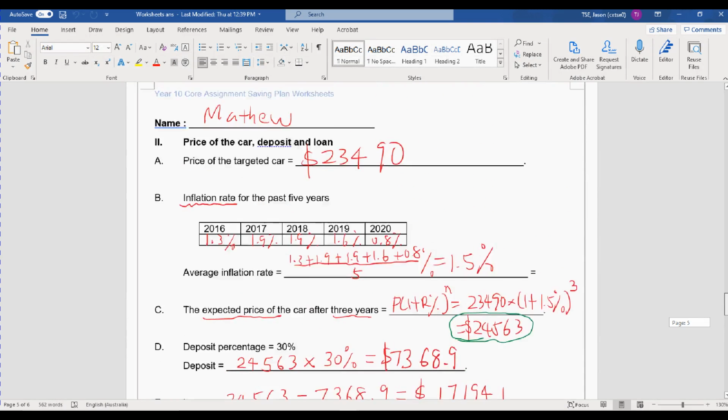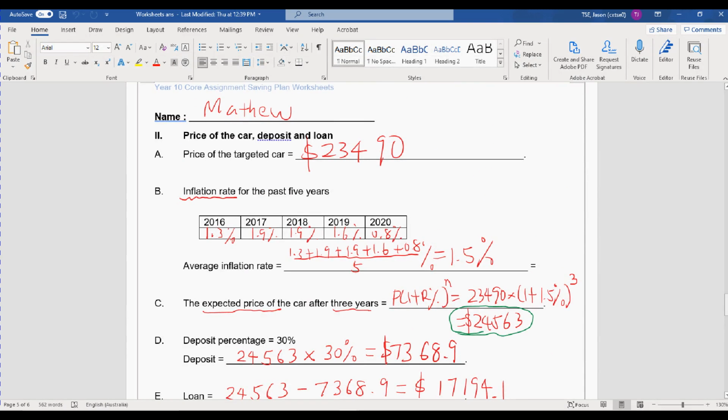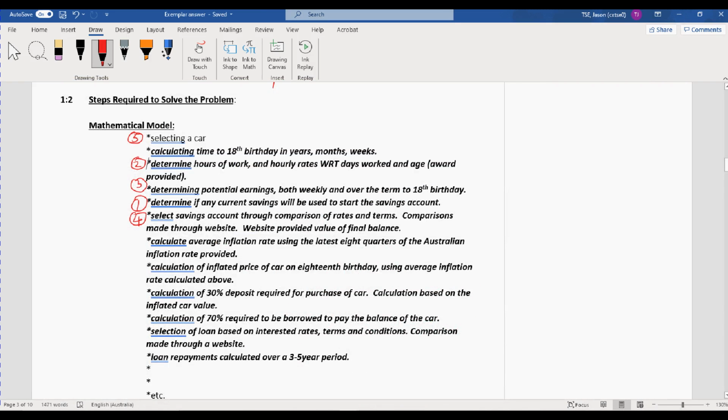Let's go back to have some revision. The price for the car, then you calculate the inflation rate for the last 5 years using the statistics from the Australian government. Then you calculate the inflated price after 3 years. Then the deposit. So that's a few things we've done before we determine the loan amount. So you calculate the inflation rate, that would be 6. Calculation of the inflated price, that's 7.